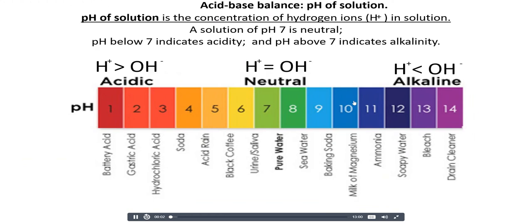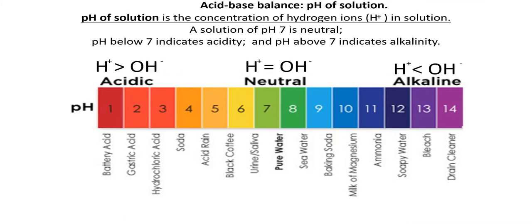Next, we will talk about characteristics of the solution, such as the pH of the solution. So pH is the concentration of the hydrogen ions in the solution, or the amount of these ions.